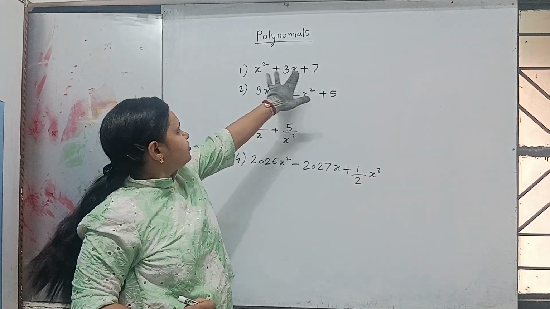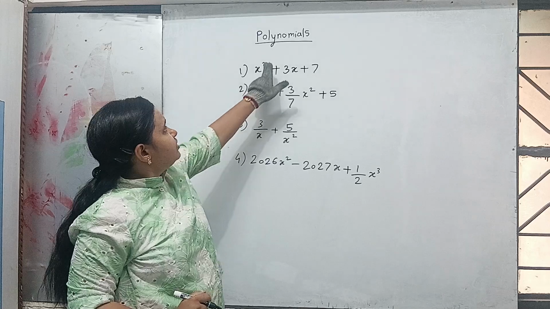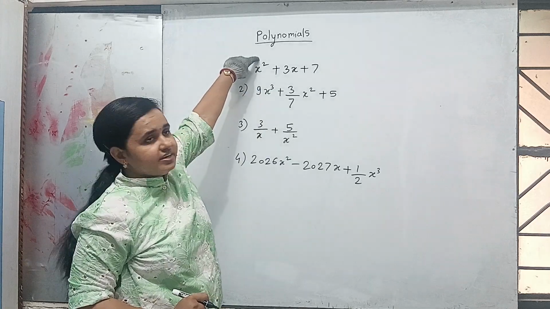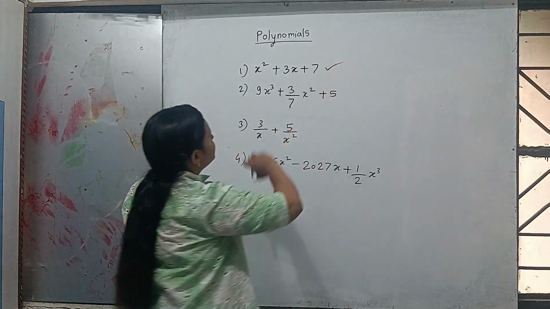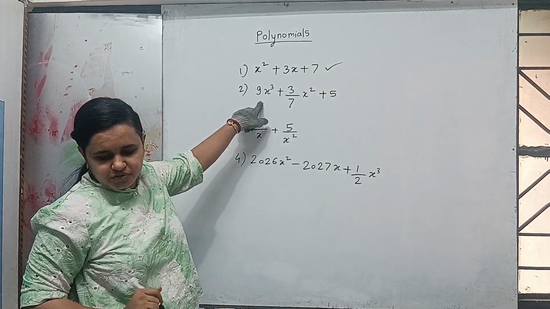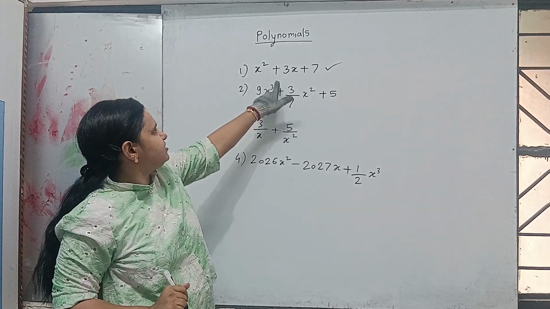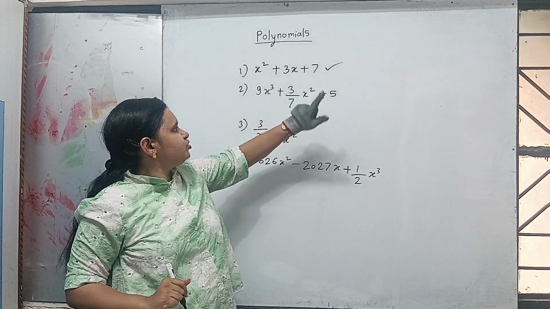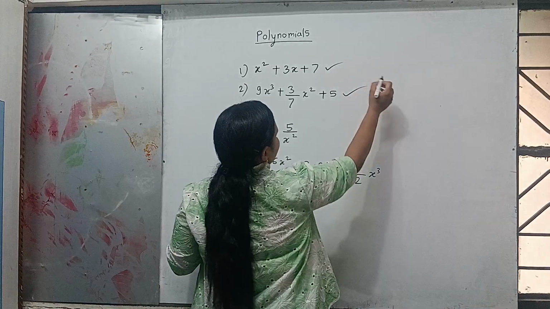So let us see the first option. It is a polynomial. It is an algebraic expression having positive integral powers. Power is positive. So it is a polynomial. In the second option, power is positive. Here power of x is 3, power of x is 2, and the powers are positive. So it is also a polynomial.